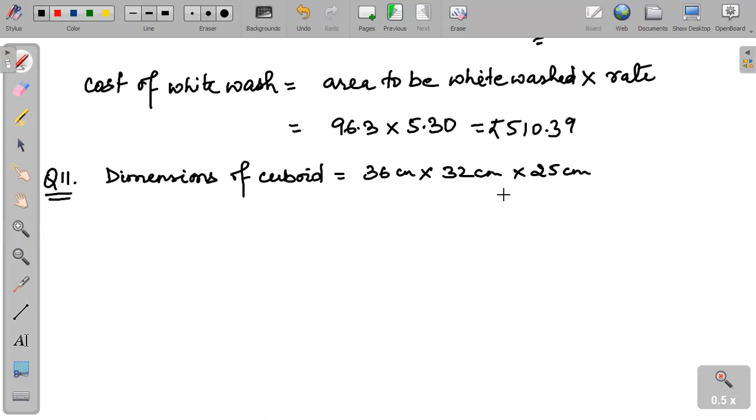It's 0.25 meter, that is 25 centimeter. Dimensions of cube: 4 centimeter into 4 centimeter into 4 centimeter.